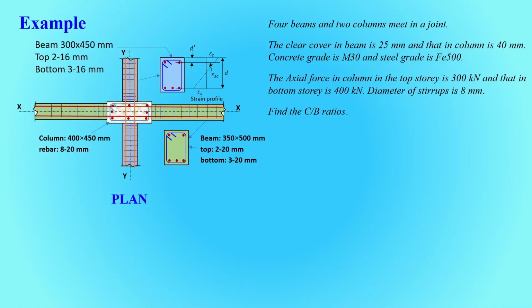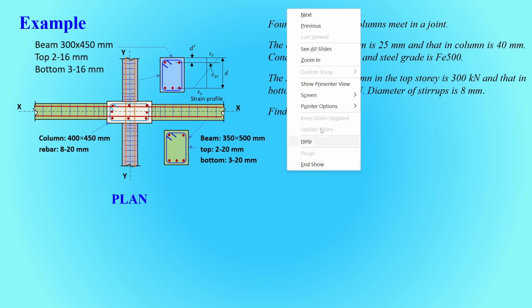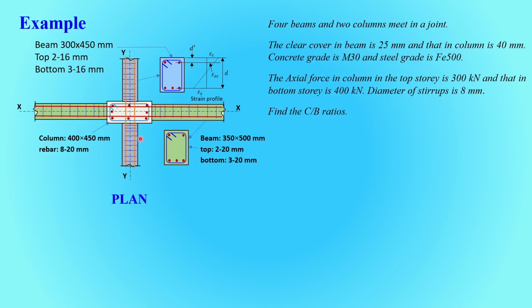Let us take a numerical example to understand what we have learned in capacity design. For that purpose, we have taken a beam column joint with 4 beams meeting at the joint. It is shown in plan. The column you are seeing as a cross section, the white one at the center, and the 4 beams are meeting at the joint in the plan.